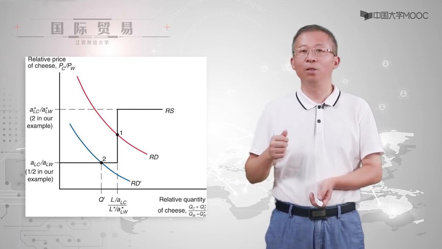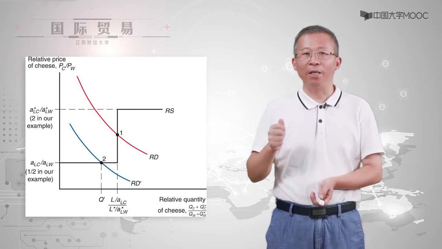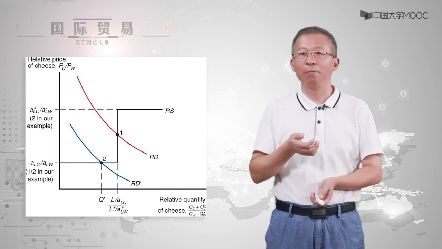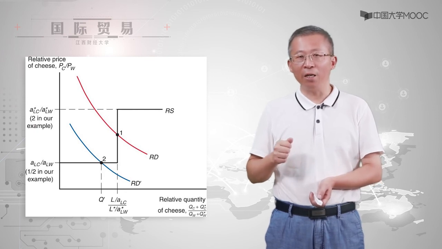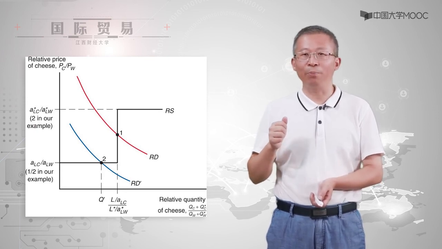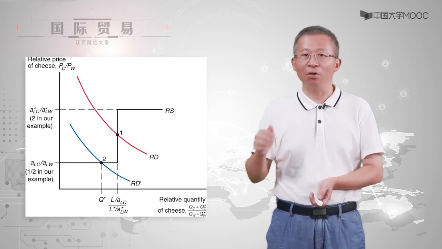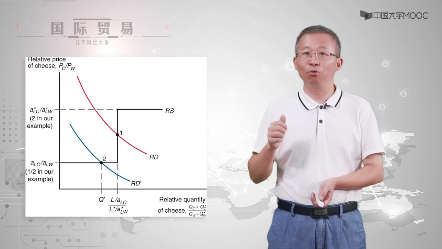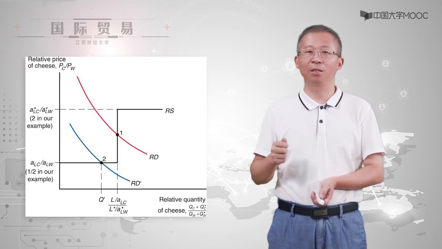The equilibrium relative price of cheese is determined by the intersection of the relative supply and relative demand curves. If we leave aside the possibility that one of the countries does not completely specialize, we will find that it should be between the two countries' pre-trade prices.